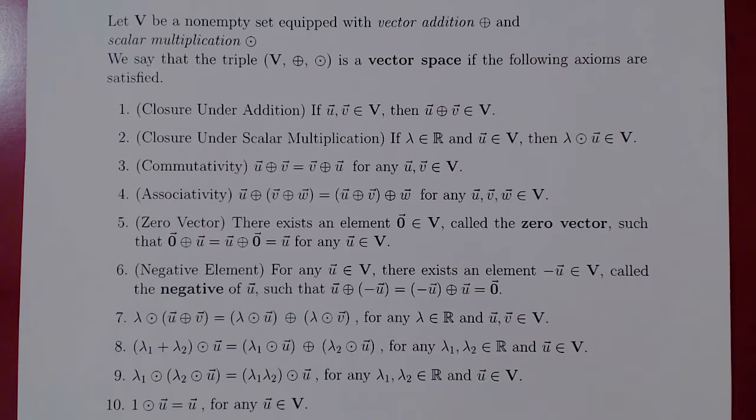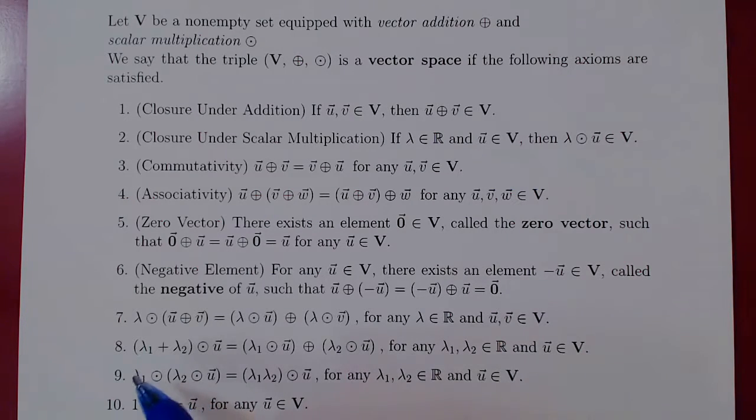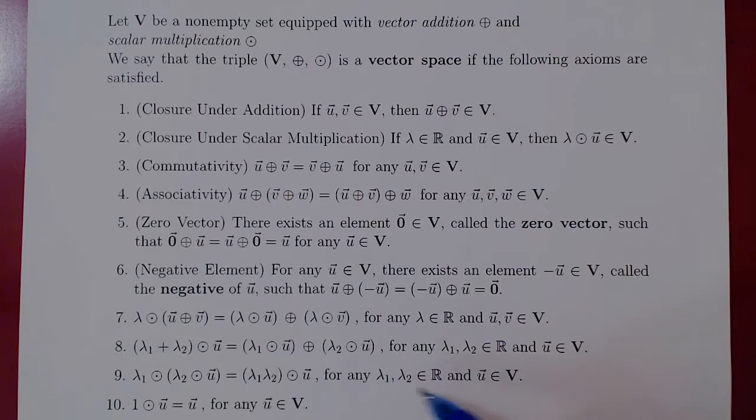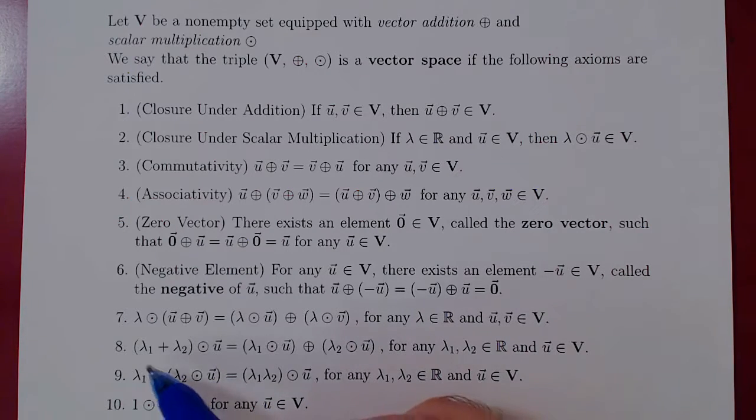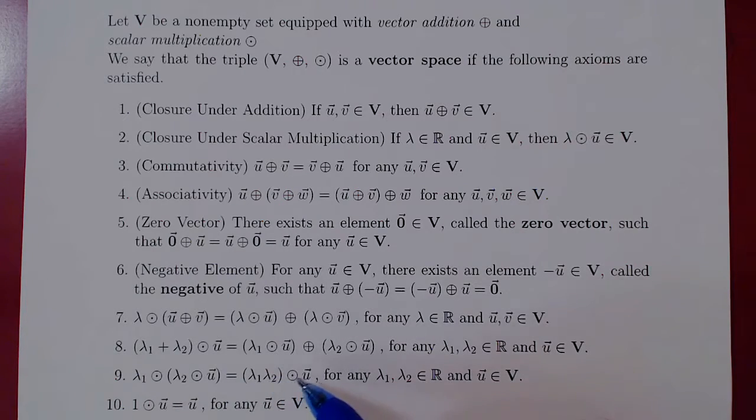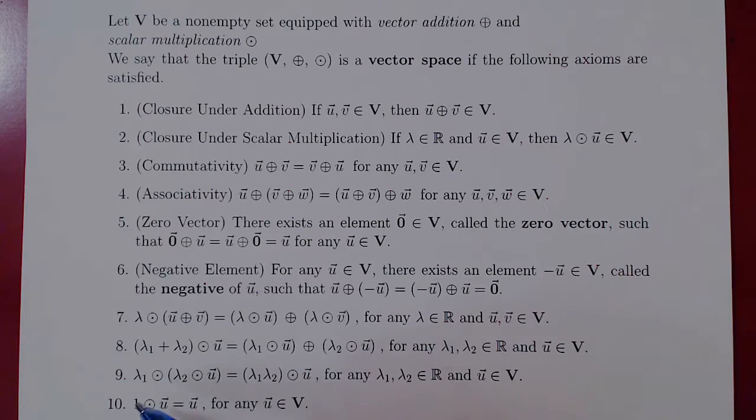Once again, a very familiar property. We can distribute also a scalar multiplication onto a scalar multiplication. So if lambda 1, lambda 2 are real numbers, u is any element of your space, if you do lambda 1 times lambda 2 times u, you can regroup the two real numbers as simply lambda 1, lambda 2 times u. And finally, for any element of your space, if you multiply your element by 1, the result is the same.